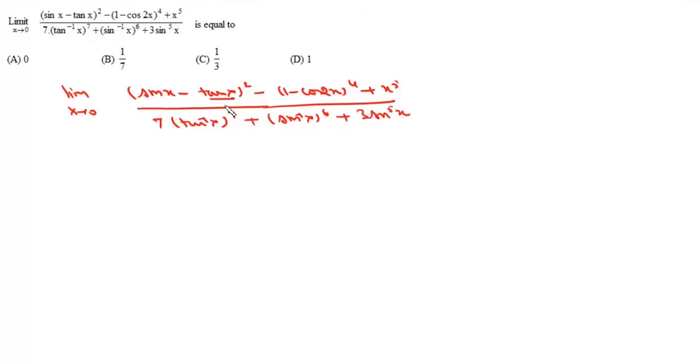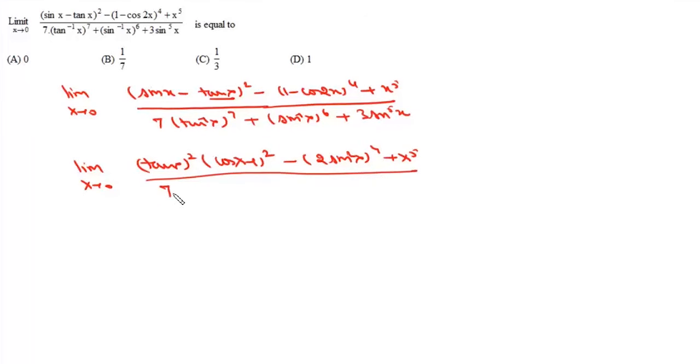Now here we'll take tan x common, so we can write this as limit x tends to 0 tan x whole square, and then will be cos x minus 1 whole square, and we can write this as 2 sin square x whole to the power 4 plus x to the power 5 upon 7 tan inverse x to the power 7 plus sin inverse x to the power 6 plus 3 sin to the power 5x.